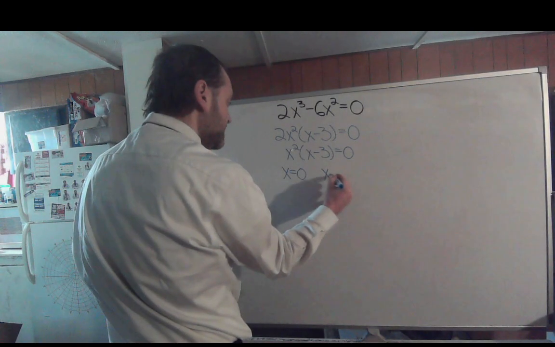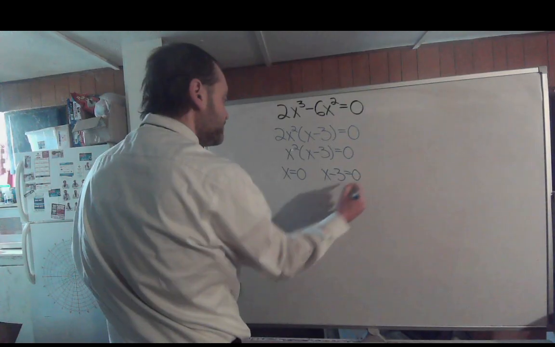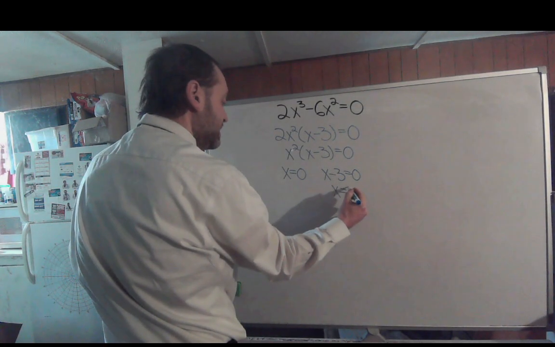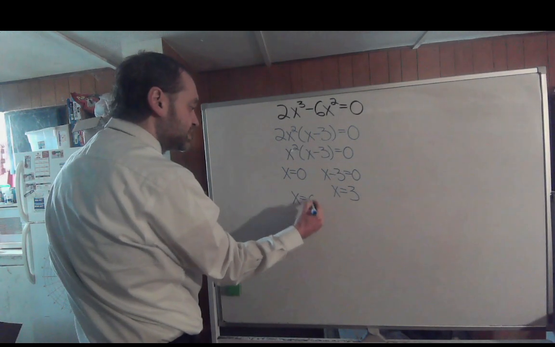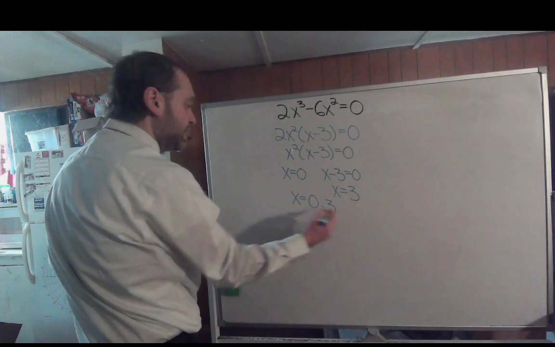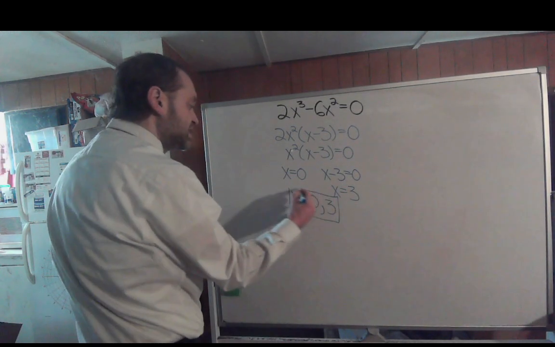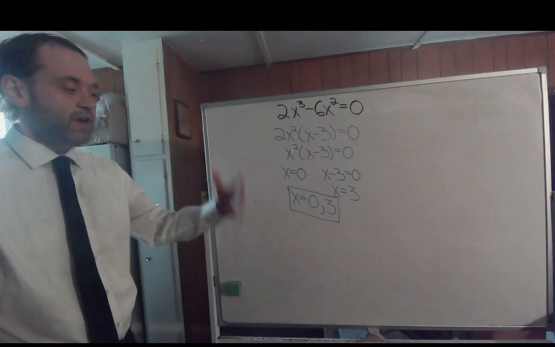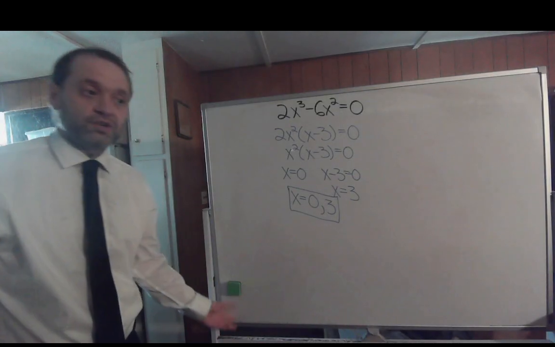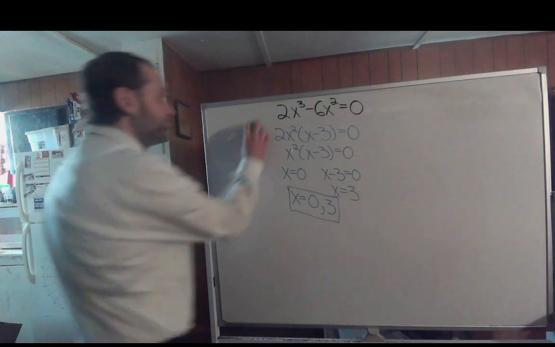And then x minus 3 equals 0, giving you x equals 3. So your values for x would be 0 and 3. Graphically speaking, finding the values of x, where you're finding your zeros, those are the x-intercepts on the graph.